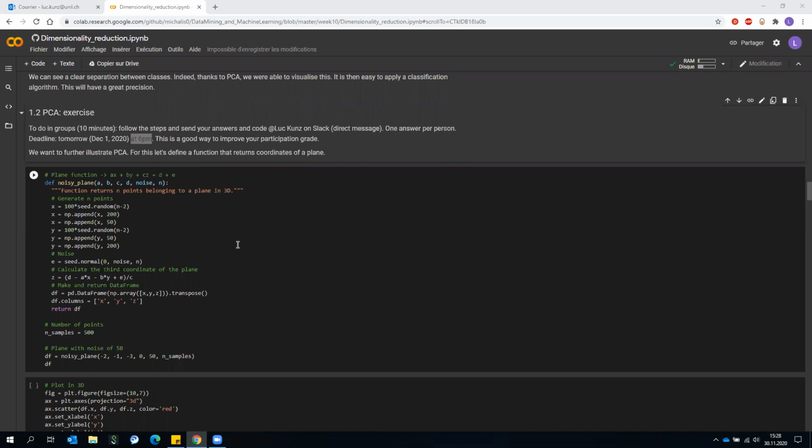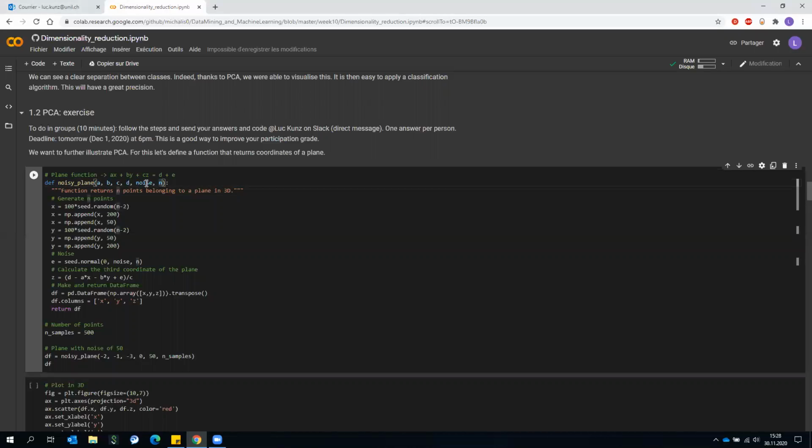Okay, the idea for the exercise is to show PCA in 3D and to reduce it to 2D. So I have a function here. It generates a plane with some noise. So n points belonging to a plane with a bit of noise.